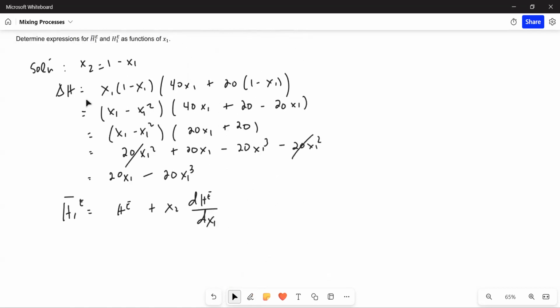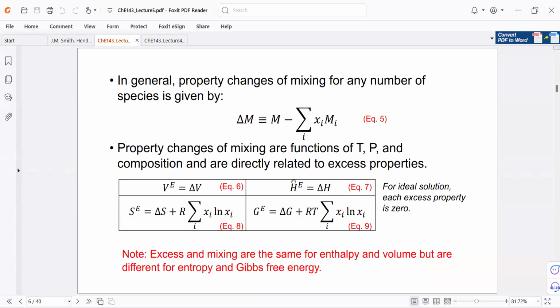If you remember from our previous slides, the excess enthalpy is the same as the change delta H of mixing. Let me again go back to the slide. Right here, we can simply replace delta H with H excess.